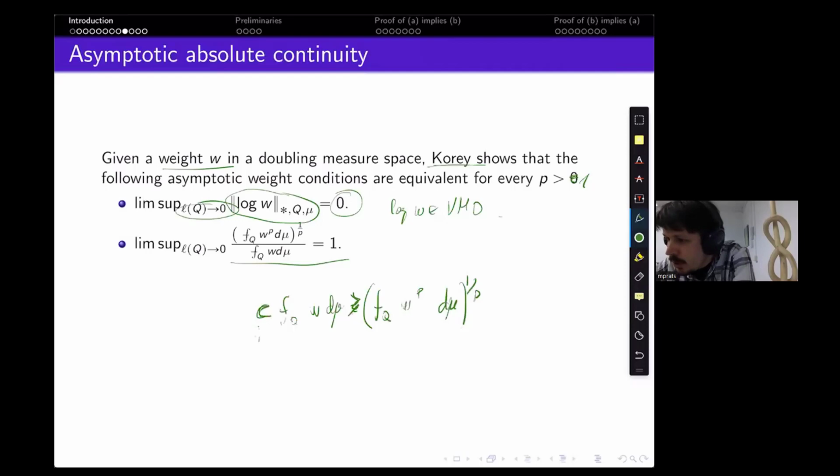And now if this constant goes to 1 as you decrease scales, then this is this condition here. So this is a kind of vanishing reverse Hölder condition with exponent p. Now, vanishing reverse Hölder with exponent p is equivalent to the logarithm of the weight being in VMO.